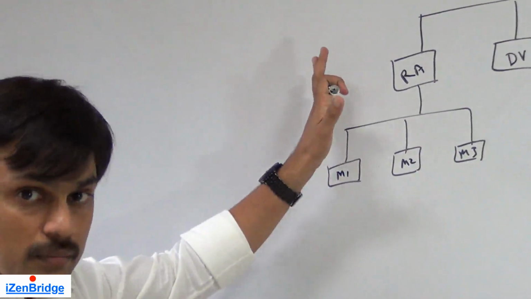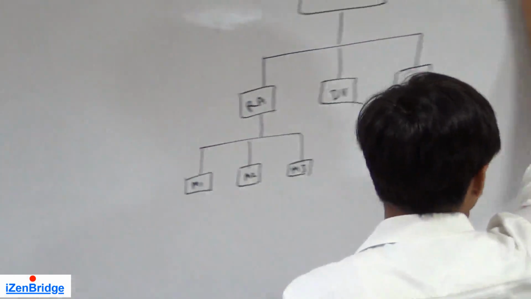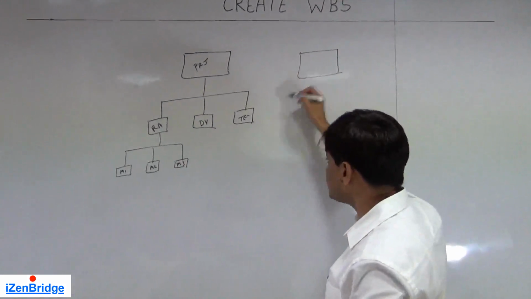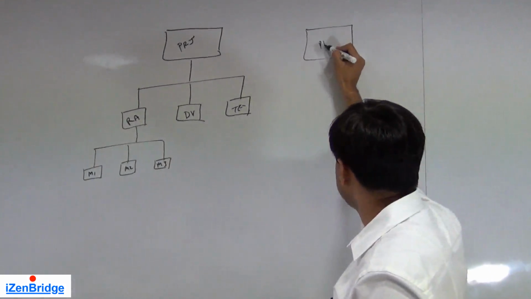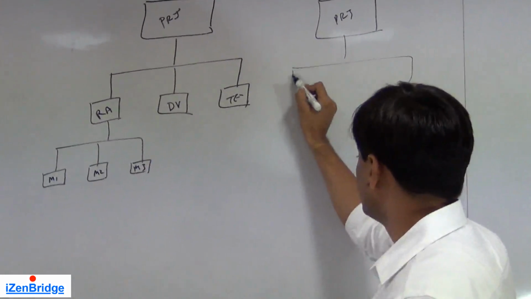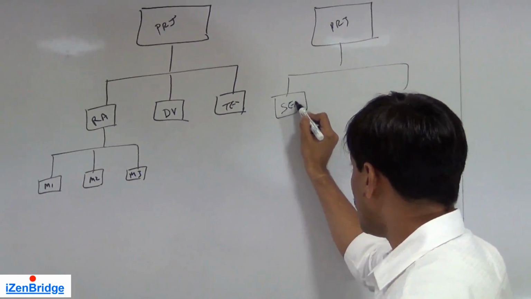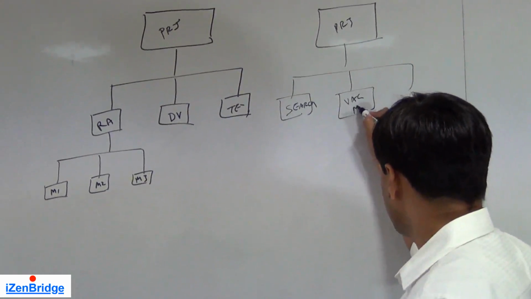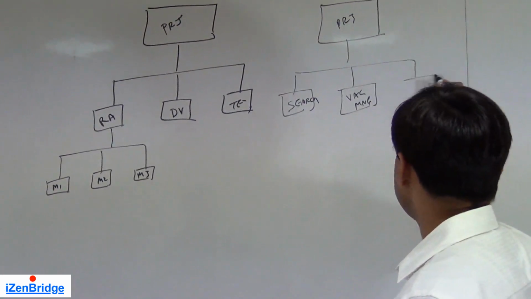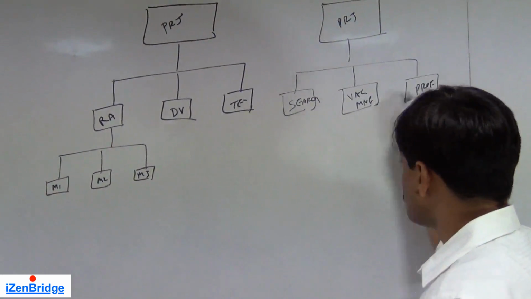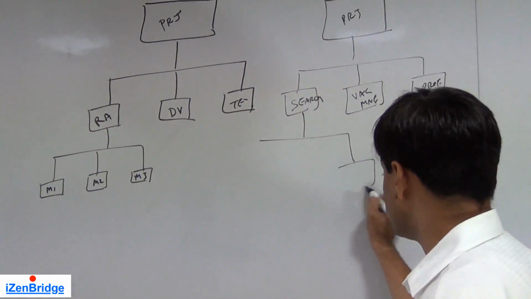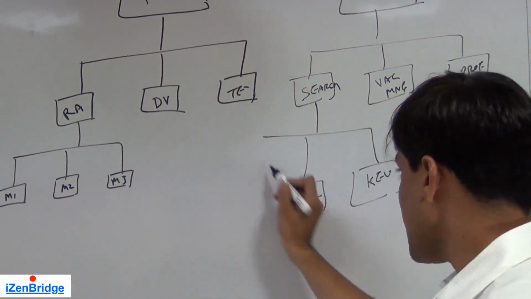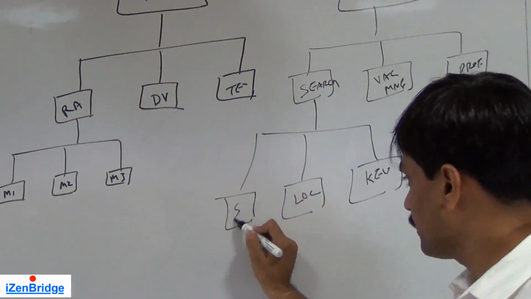For the same need, you may also create a work breakdown structure which is deliverable oriented. So rather than dividing by phase, you say that in my project, I have a module called search, a module called vacancy management, or a module called profile management. And inside those modules, in search, you have various types of search like keyword search, location search, salary search, like that.